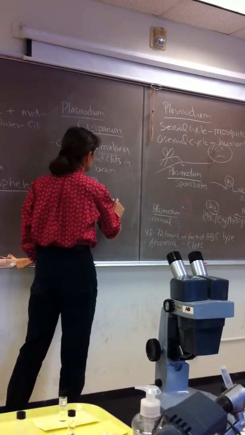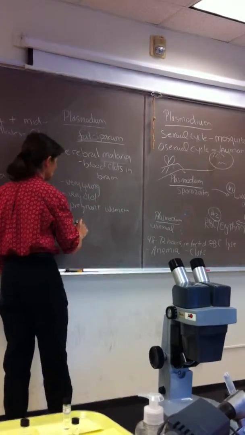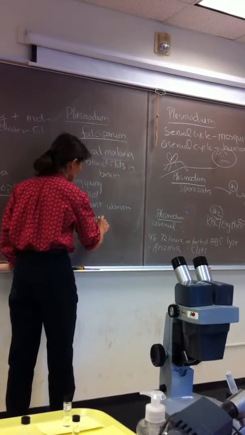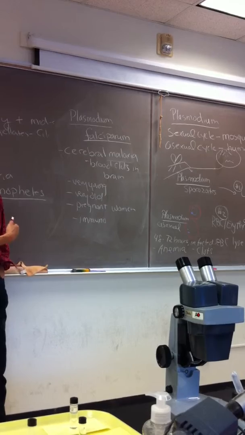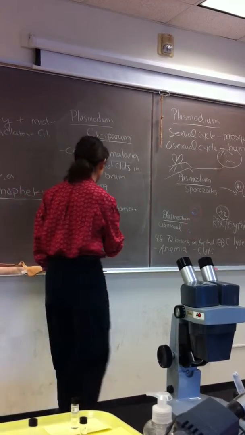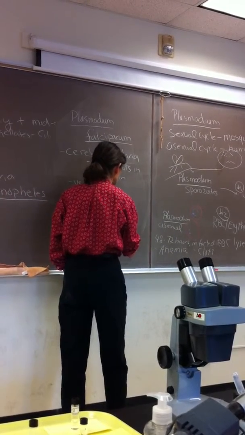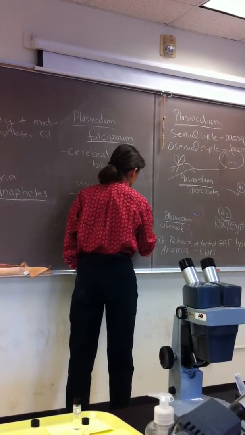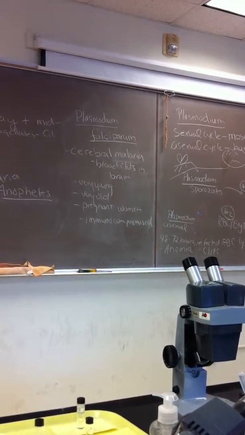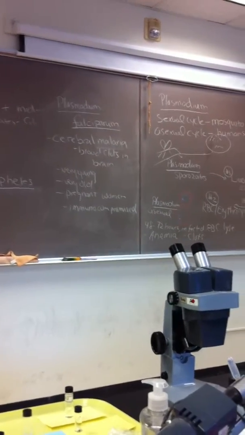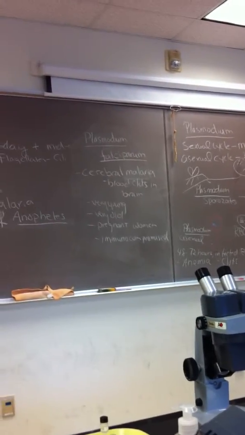And of course, anybody who's immunocompromised. So in malaria endemic parts of the world where there might be high levels of HIV/AIDS, malaria can be absolutely devastating. Okay, so this is why malaria takes such a toll on the health of humans worldwide.